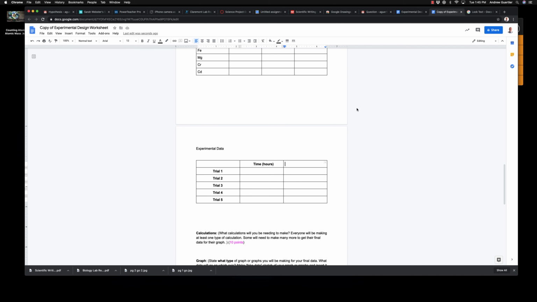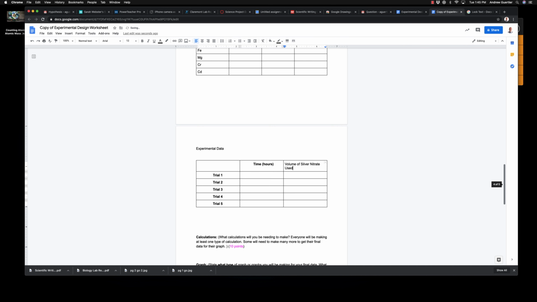What else do we need to measure here? We could do the volume of solution, volume of silver nitrate used, and do that in milliliters.